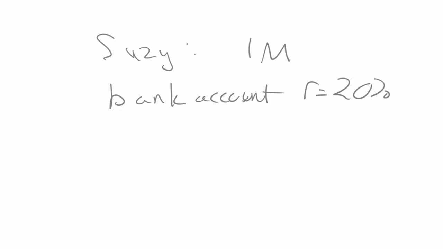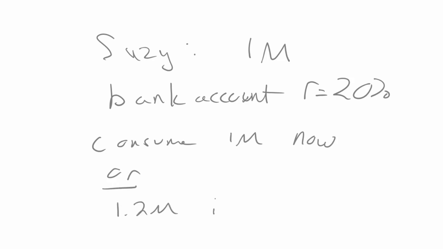So right away, without any investment opportunities, she has a choice. She can consume $1 million now, or $1.2 million in old age, or something now and something in old age. So we can show Susie's possibilities on a graph.